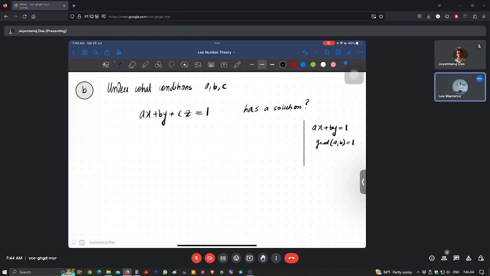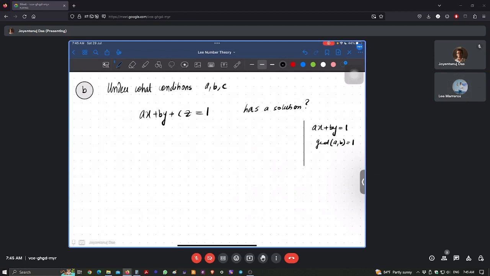I know for the two variable case that the condition is that the GCD has to be 1. So what will the condition be for this three variable equation in x, y, and z? It should be the same. So the GCD of a, b, and c has to be 1.